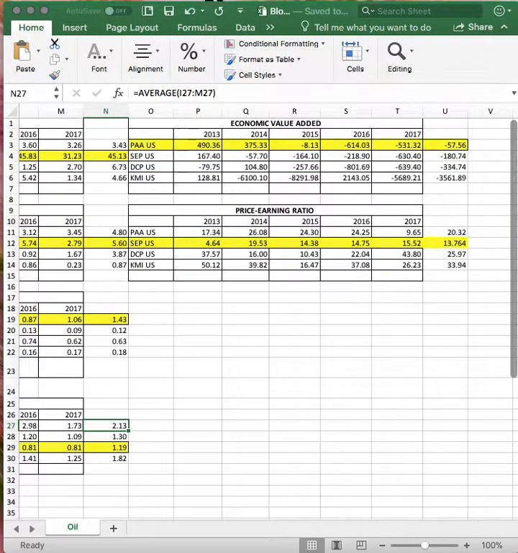Next is economic value added. This is an estimate of a firm's economic profit or the value created in excess of the required return on the company's shareholders.